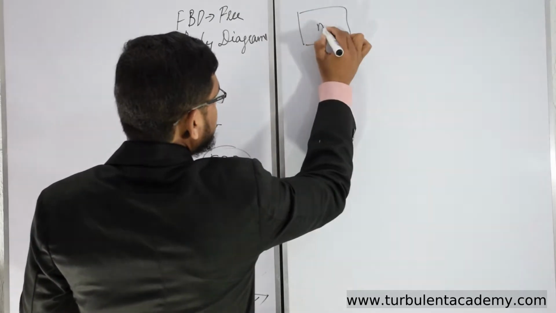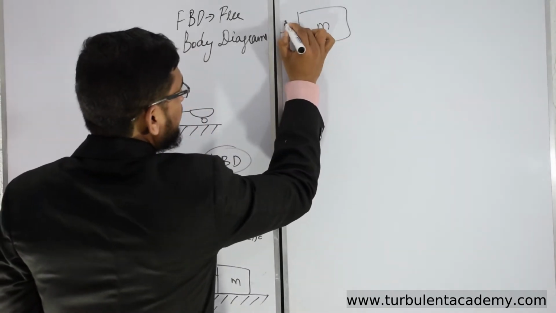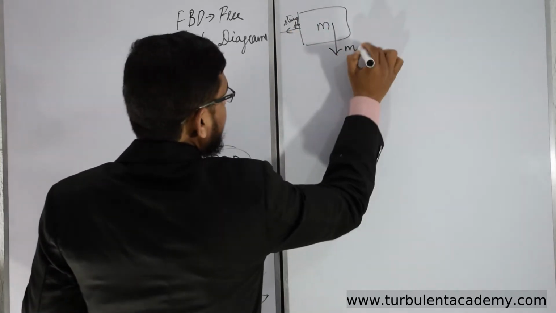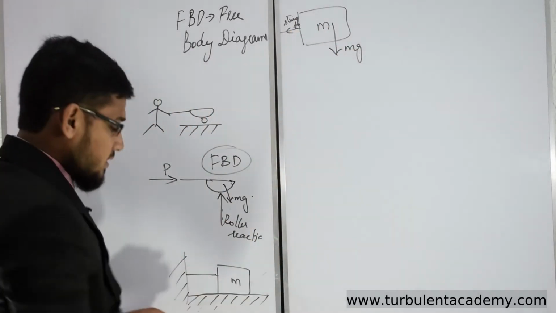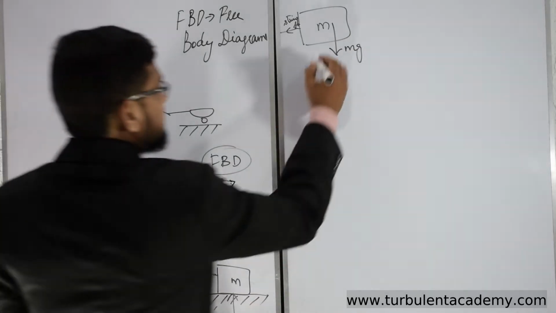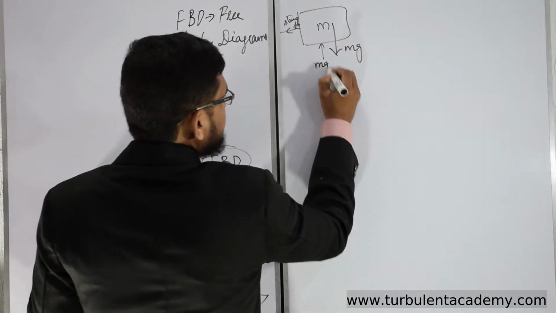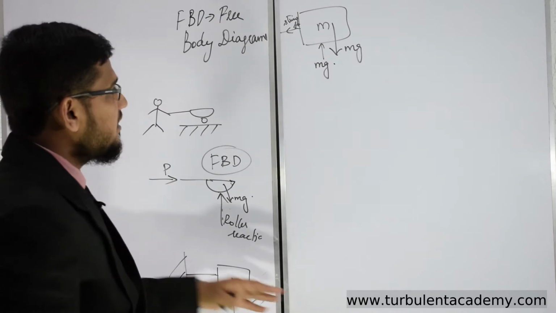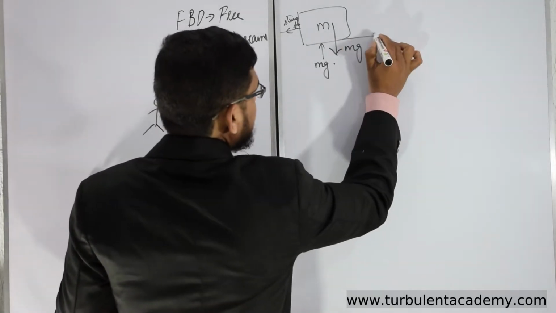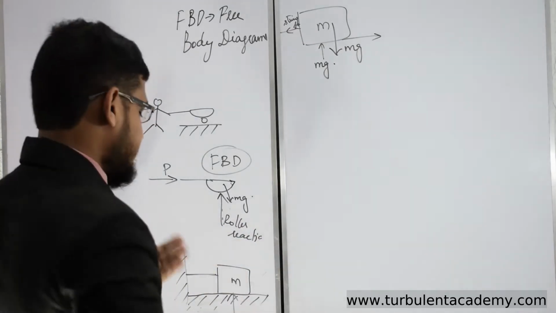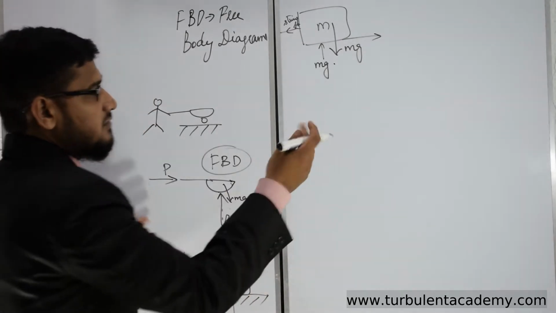Mass M, the string force is there, mg is acting downwards, and the normal force is given by the earth. And if there is friction, we show it like this. If it's moving in this direction, friction will be in the opposite direction.